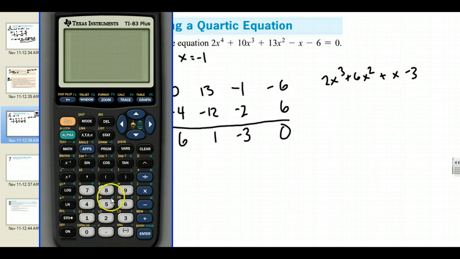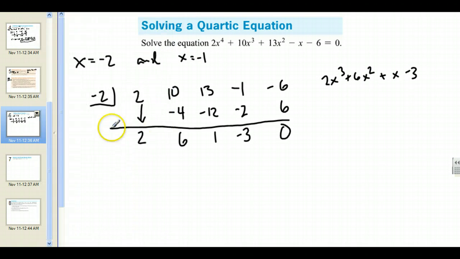So just taking my calculator, plugging in a -1 everywhere I see an x. Everywhere there should be an x, and I need to stick in a cube. It should be 2 times -1 to the 3rd power. I think I got everything else in there, and I hit enter, and it makes this 0 as well. So -1 is a 0 of this thing as well.